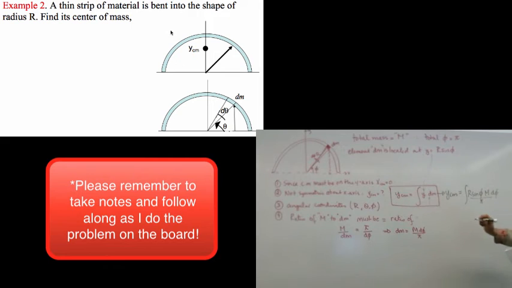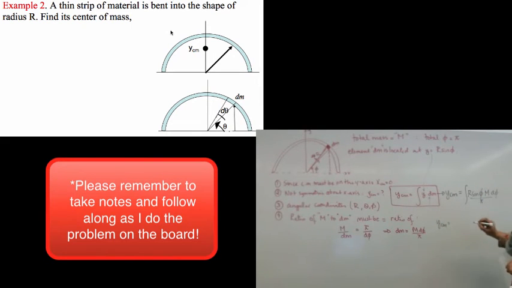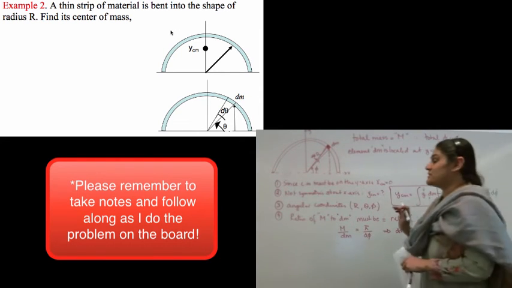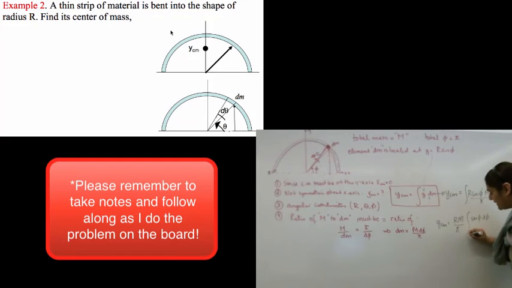Okay, from this expression, I'm just going to erase a little bit over here so that I have room to write. So y center of mass will be written as rM over pi times the integration of sine of phi d phi, and the limits of integration are going to go from 0 to pi, right? It goes all the way from 0 to pi. Agreed?